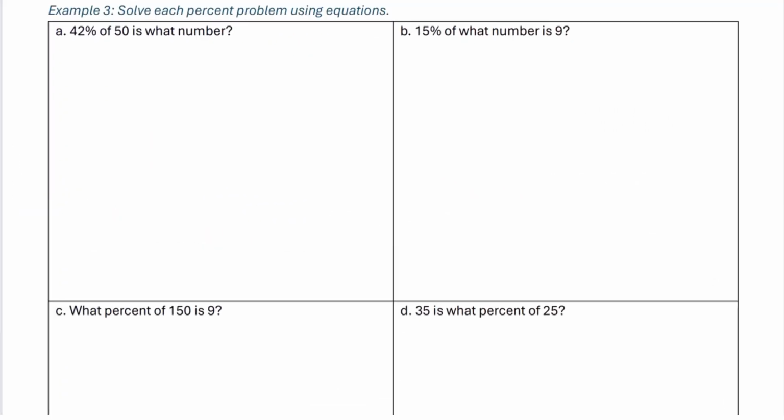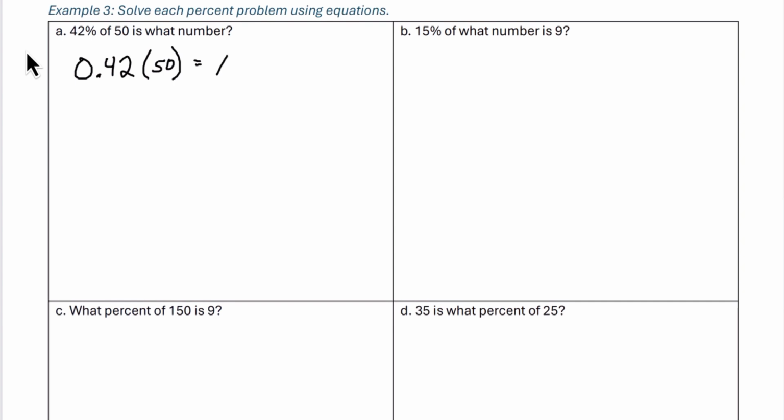For example, let's solve part A. 42% of 50 is what number? First, we'll translate that into an equation. 42% we can write as a decimal, 0.42. Of means multiply, is means equals.